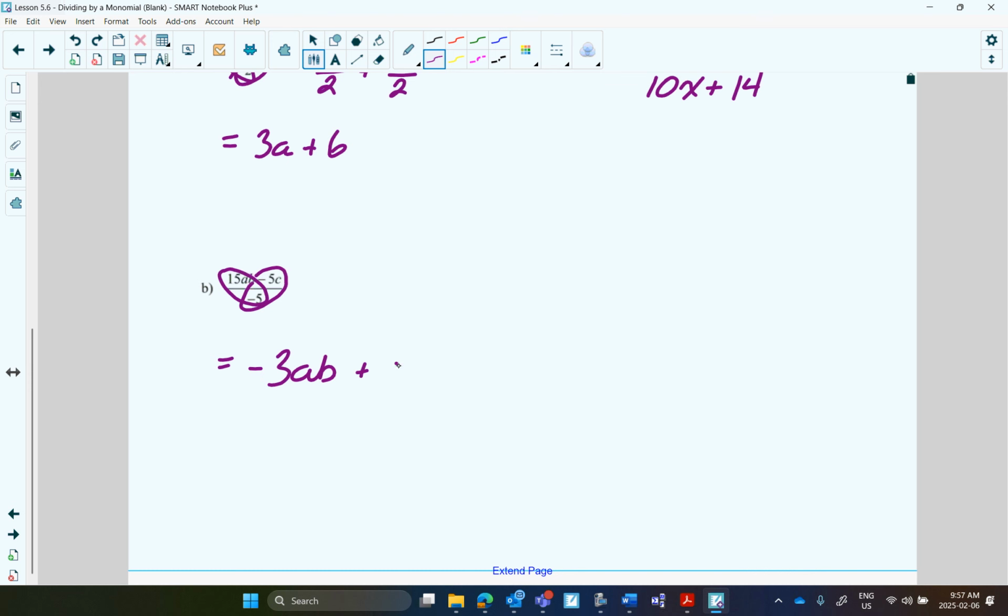Correct. 15 divided by -5 is -3, and there's still an ab. We do it like that, and then we do it like that. And then we've got two negatives here, so it changes to a positive. That's why we get plus c.